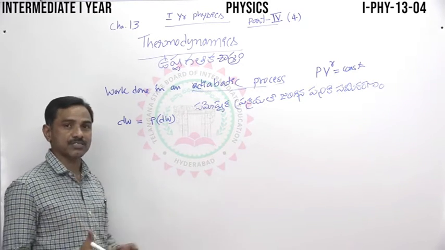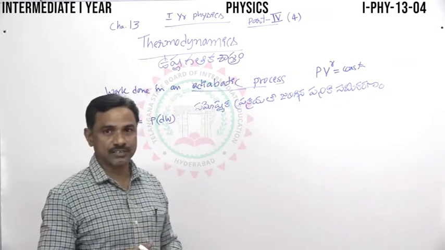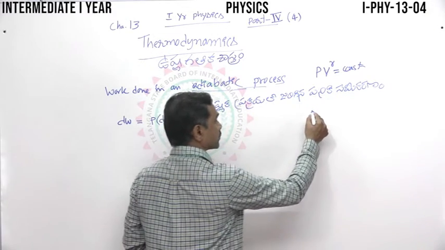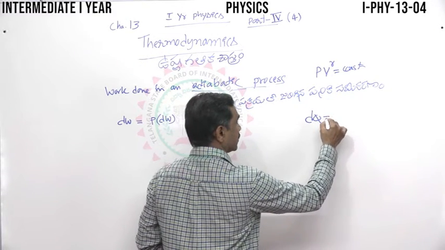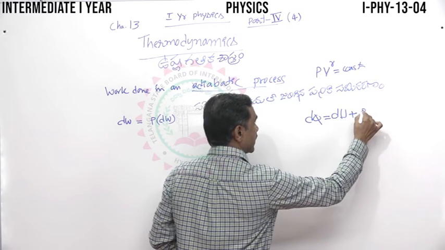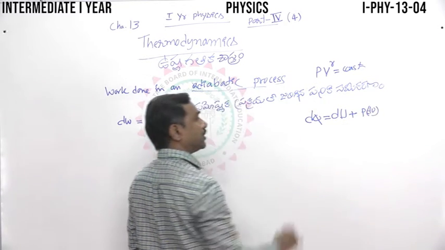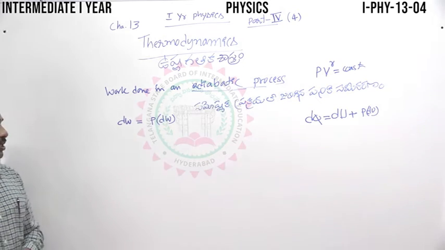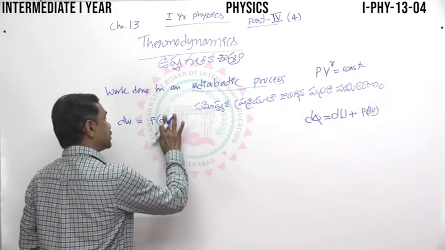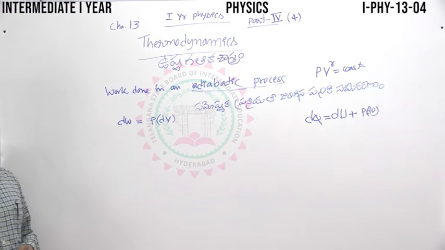Heat supplied to the system is equal to the sum of the increase in internal energy and the external work done by the system: dQ is equal to dU plus the external work done, which is PdV. This is the first law of thermodynamics. For a small change in the volume, the work done is given by dW is equal to P dV.